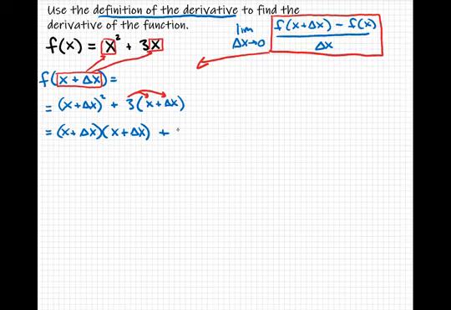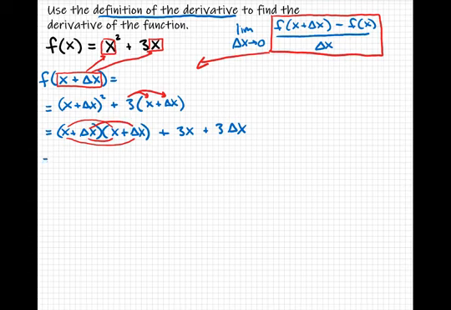That's 3x plus 3 delta x. Okay, so let's FOIL this out: first times first, outer times outer, inner times inner, and last times last.